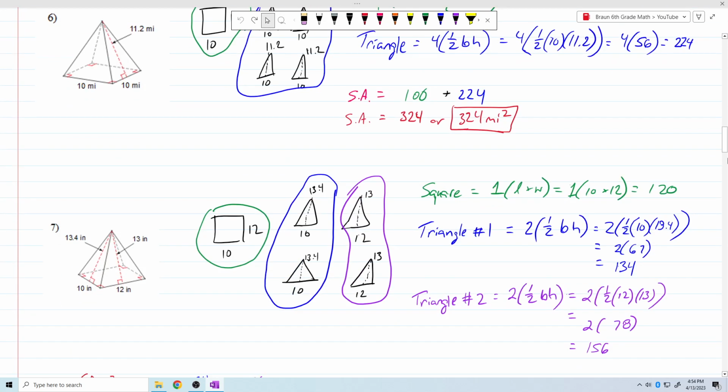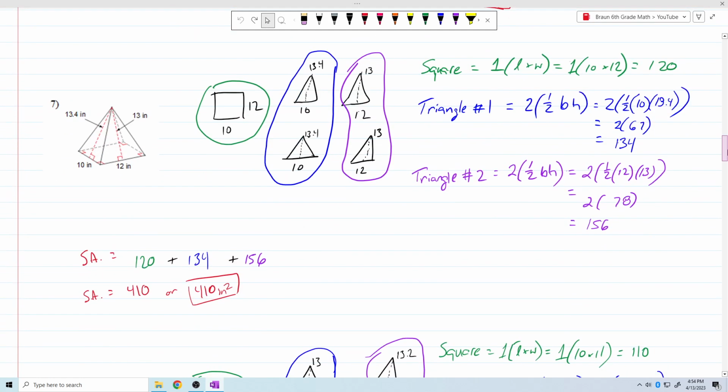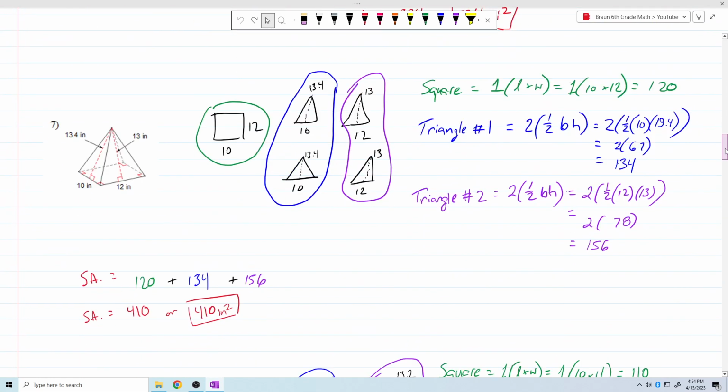This one's a little different. This one could catch some people off guard. When you have a pyramid such as this, you will often have differing triangles on each side, right? Because it's just the way rectangles work.